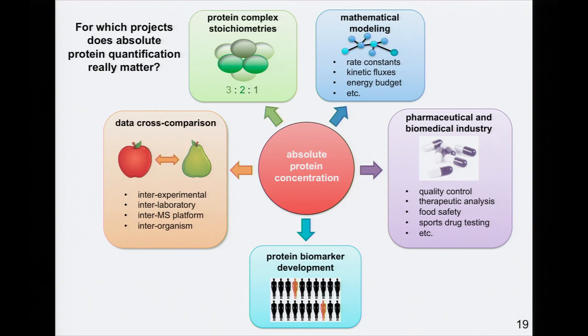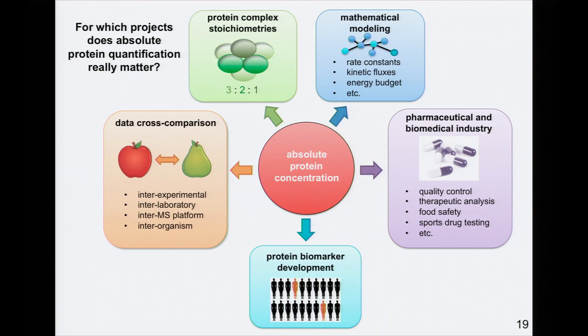And then there is this last field of data cross-comparison. Relative data, unless it was planned to be comparable right from the beginning, often cannot be compared retrospectively. For example, if you're interested in comparing the quantitative data of two experiments that were not planned together to be comparable, so the same reference was not used in both relative data sets, it's literally impossible to compare the output.